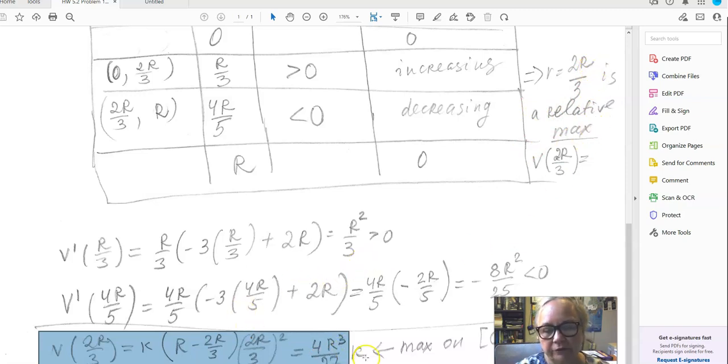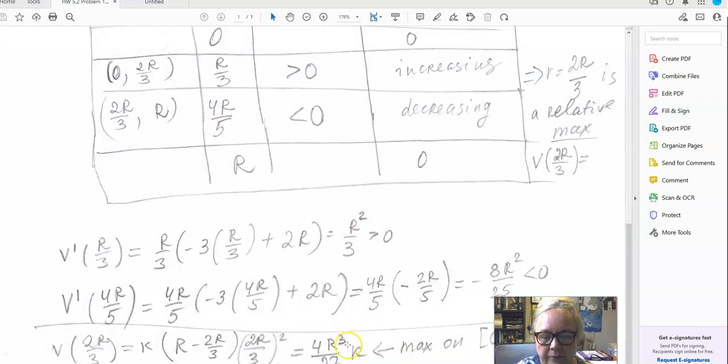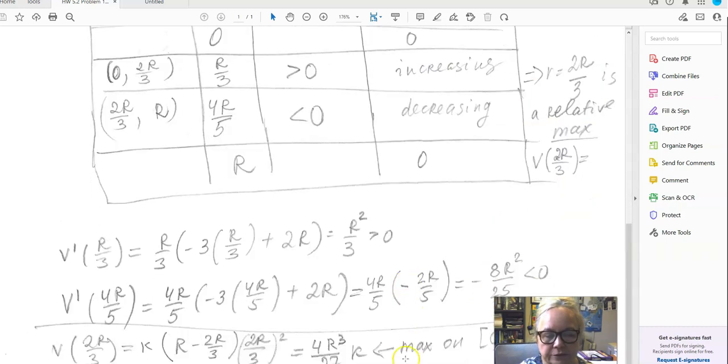And you evaluate the function, you get the value of 4 times capital R cubed over 27 times k. Definitely it's a positive number because capital R is positive and k is a positive constant. And definitely between 0 and a positive number, you choose the positive number because it will be greater.